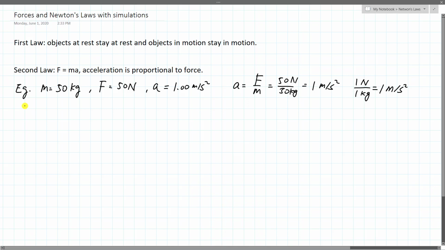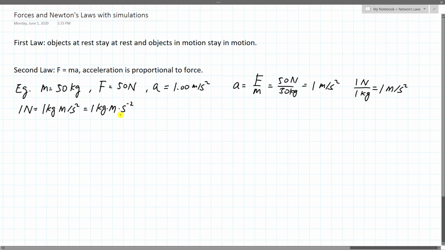And if you multiply by kilogram on both sides, then you get 1 newton is equal to 1 kilogram meter per second squared. Sometimes we write that as 1 kilogram times meter times second to the minus 2 power, either way. So that is how a newton is defined, a kilogram meter per second squared.